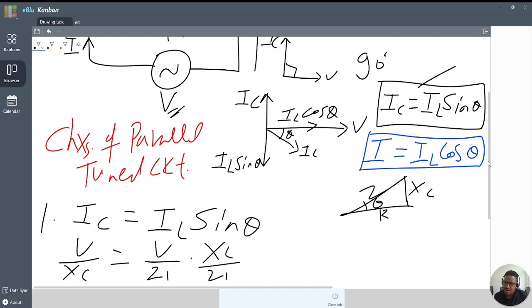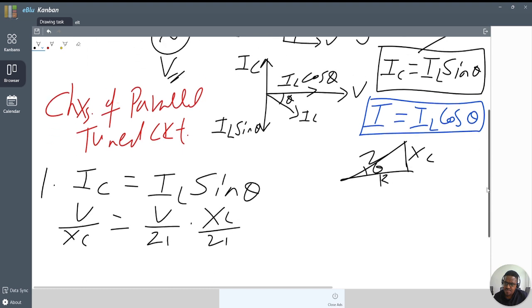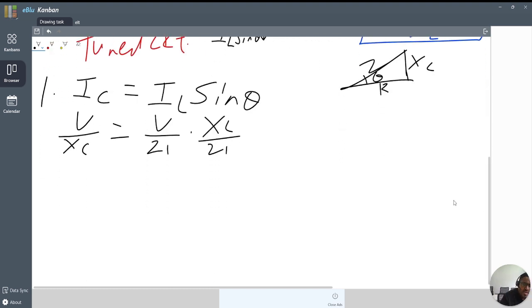So from this we get Z1, that is the first branch, the branch of R and L. Simplifying this equation, V by V cancelled, then XC times XL becomes Z1 squared.